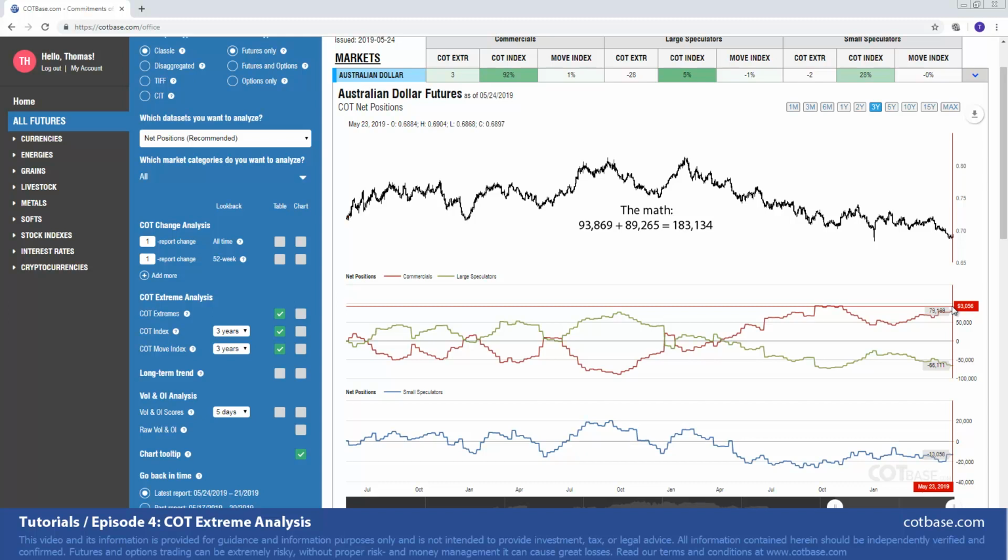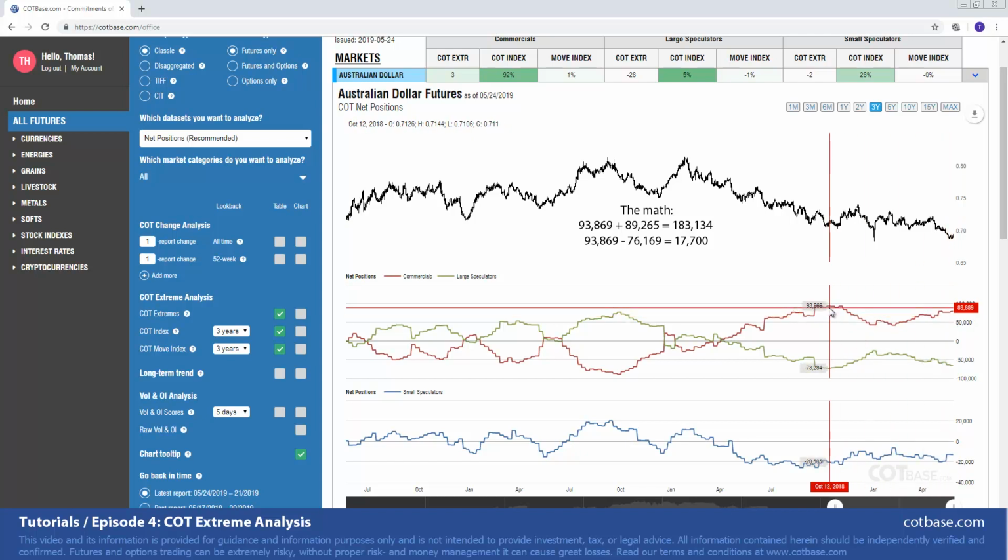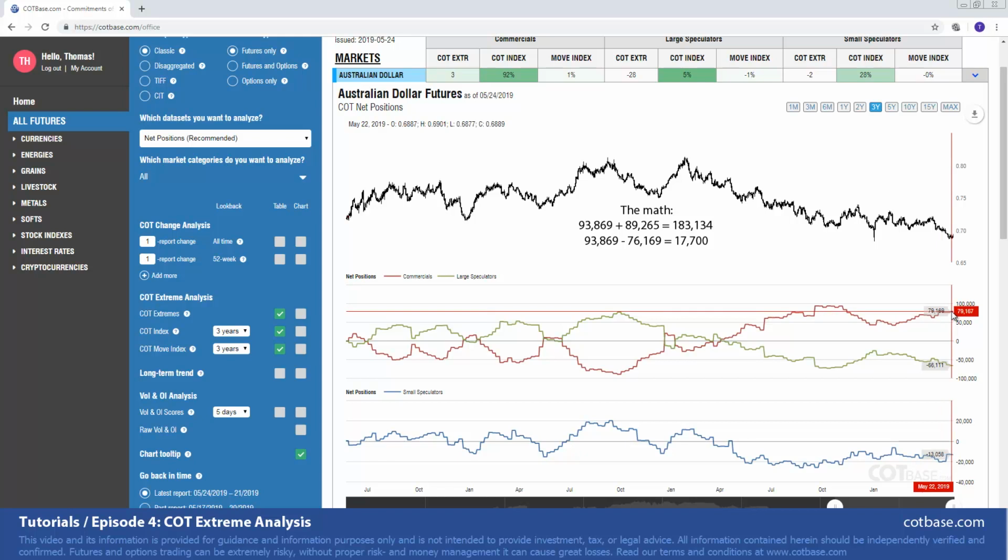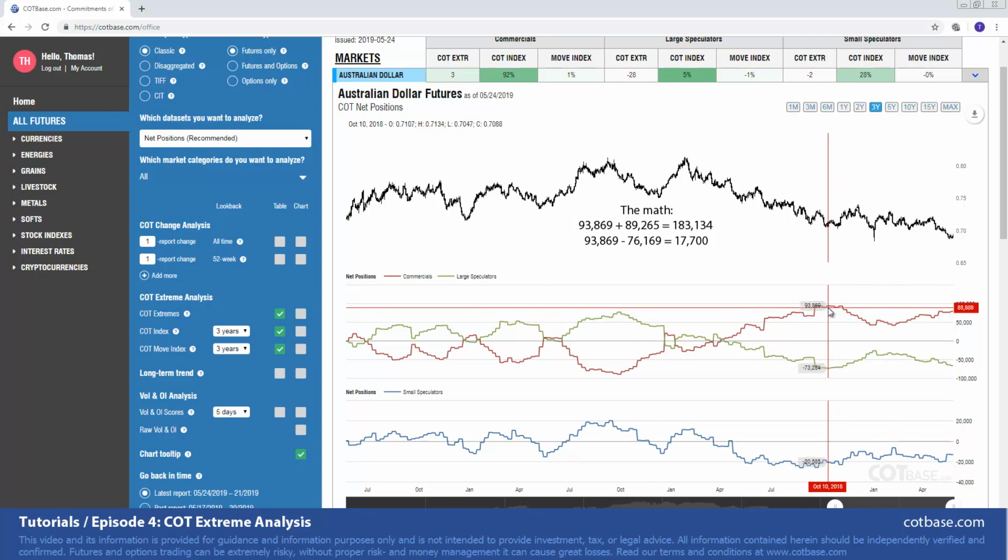Now, we're interested in this change. If we calculate this range by subtracting 76,169 from the most net long level of 93,869, we get a value of 17,700 contracts. What that means is simply, if commercials were to increase their net long positions another 17,700 contracts, they would exactly arrive at the most extreme on this 3 years look back period.